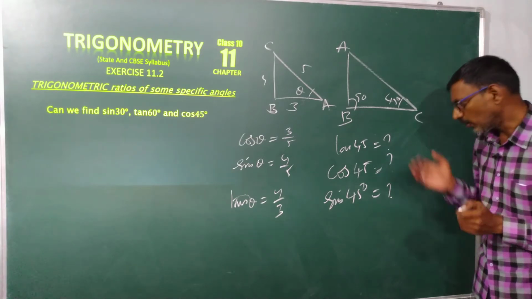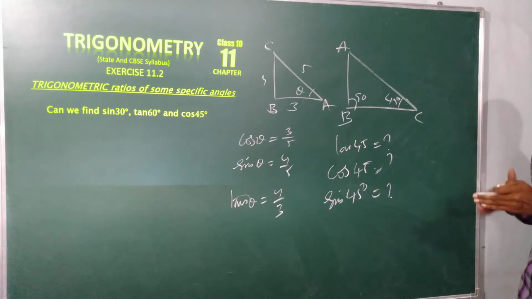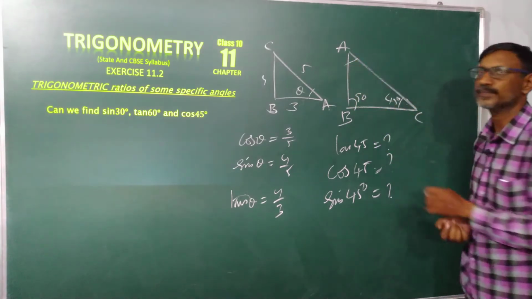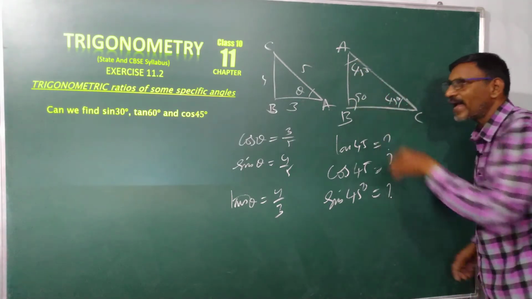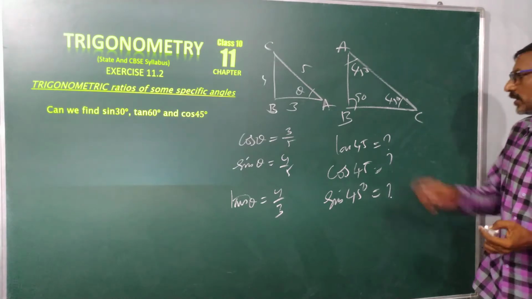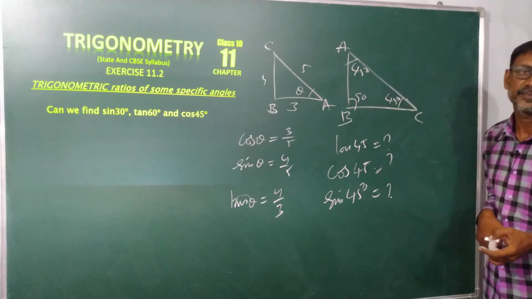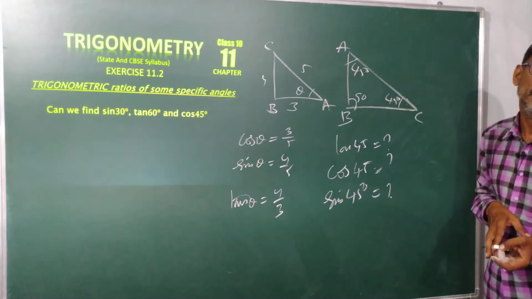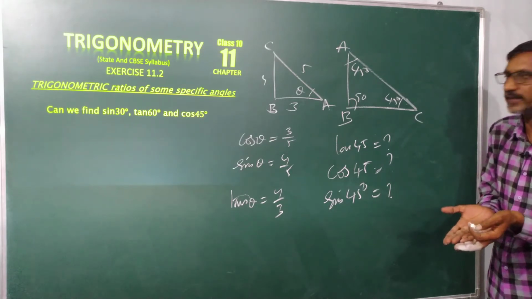Anyhow, now we are going to discuss a specific angle. This is 45 degrees. This is 90. This is how much? 45. Because the sum of the angles in a triangle is 180 degrees. 45 plus 45 is 90, 90 plus 90 is 180.